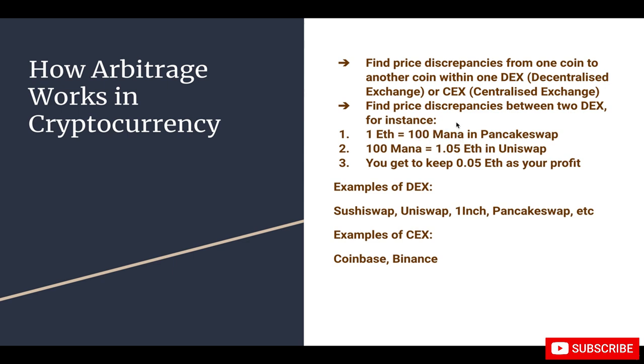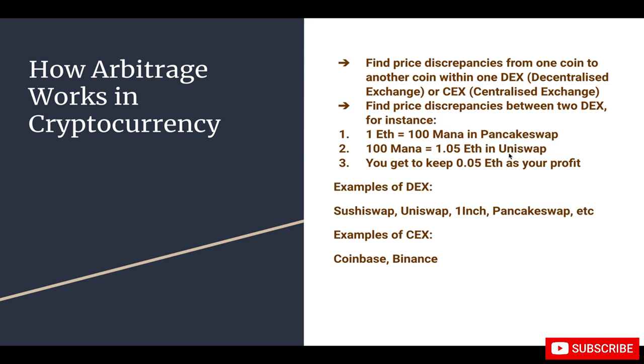So first of all, you go to PancakeSwap, which is one example of a decentralized exchange platform. In PancakeSwap, 1 Ethereum is equivalent to 100 MANA. Then you purchase 100 MANA using your 1 ETH, so now you only have 100 MANA.